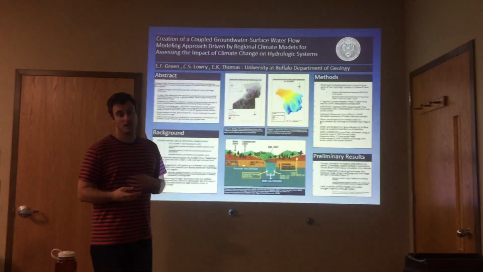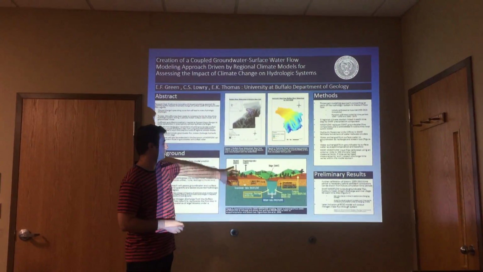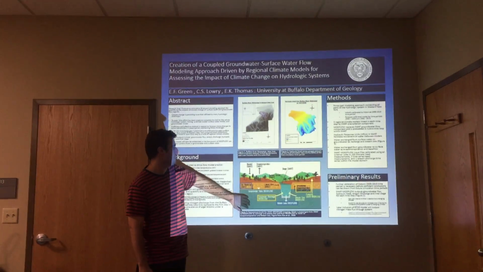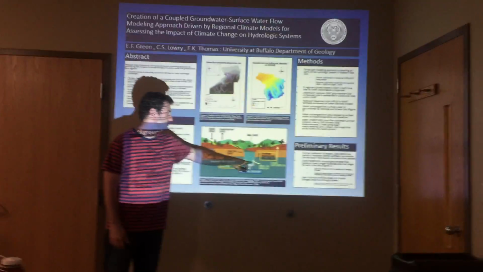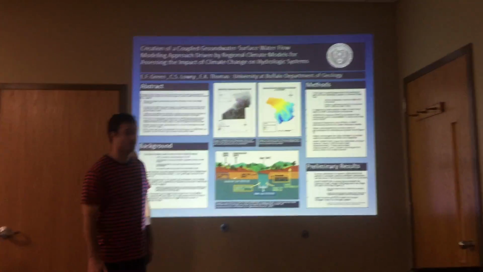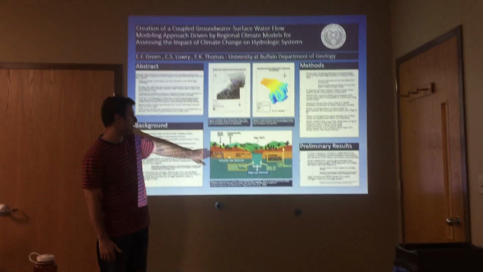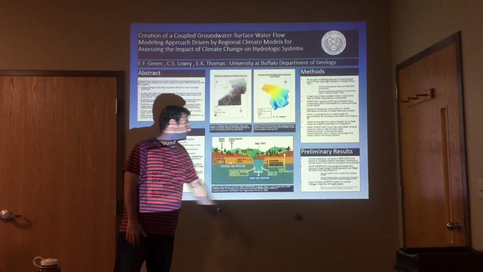So water can be exchanged between the two models in four different ways. We can move water from SWAT, the surface water component, to the groundwater component MODFLOW as net recharge and as stream loss in the stream channels. And then conversely, we can have water move from MODFLOW back into SWAT as base flow in the channels or as evapotranspiration.